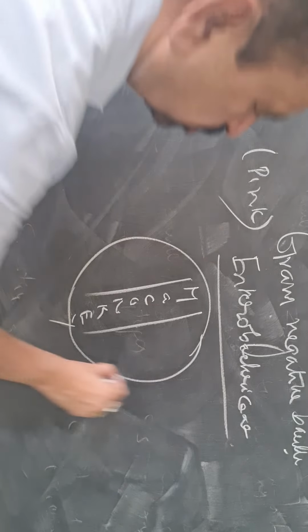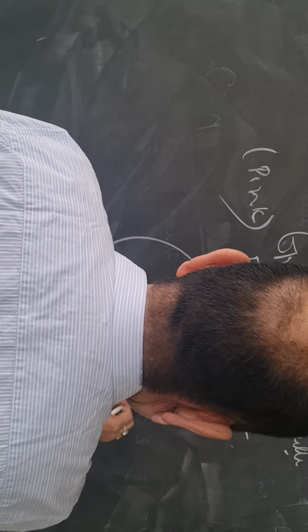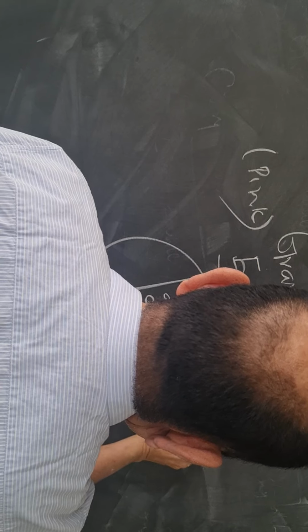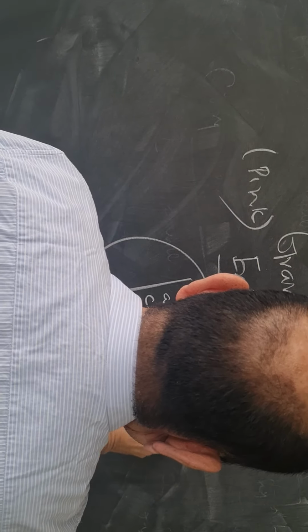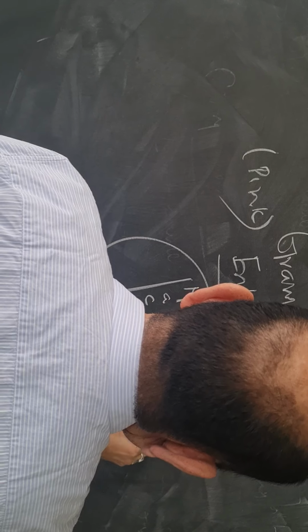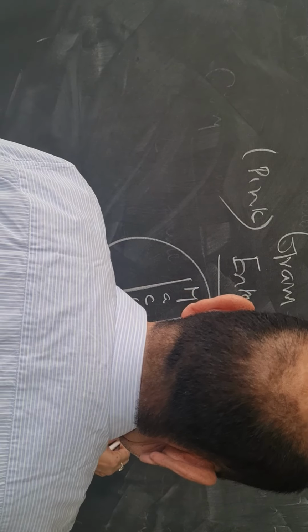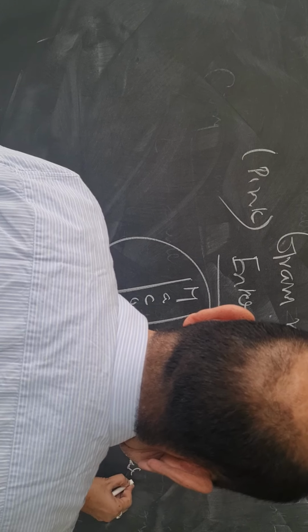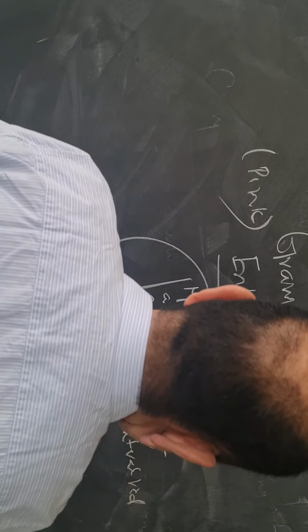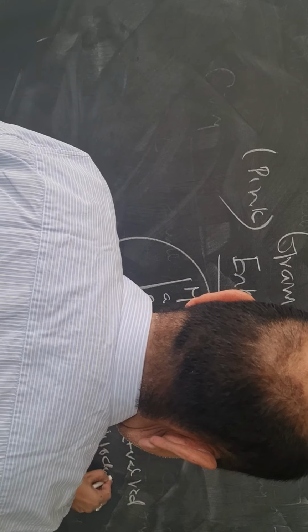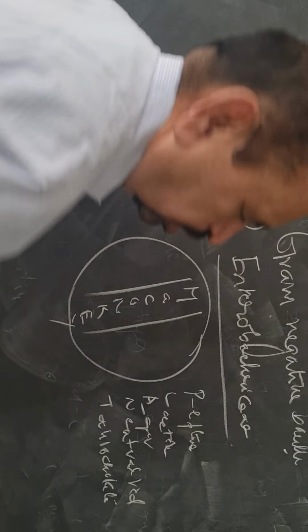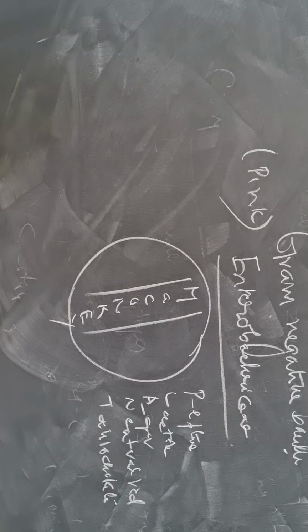So it consists of peptone, lactose, agar, neutral red, and taurocholate. Remember PLANT.